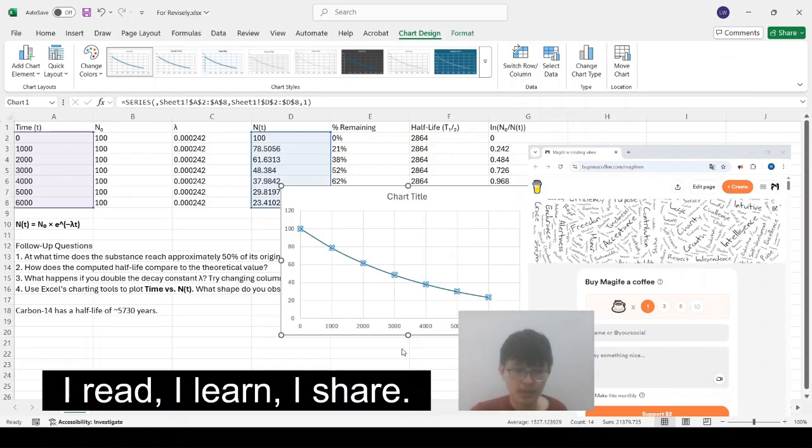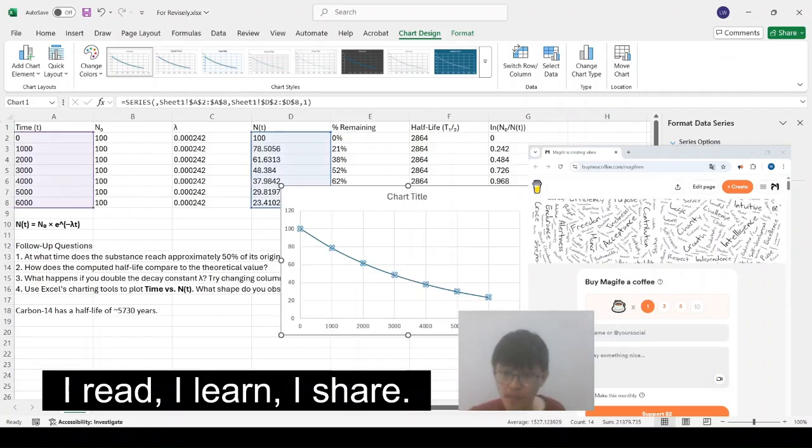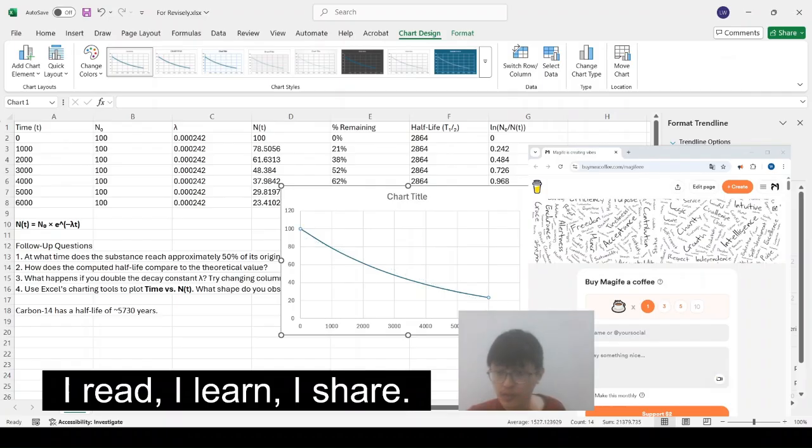Basically the radioactive decay follows an exponential law. It has some trend line, so you see the linear trend line cannot fit. If we change to the logarithm... exponential, yeah, just use the exponential.